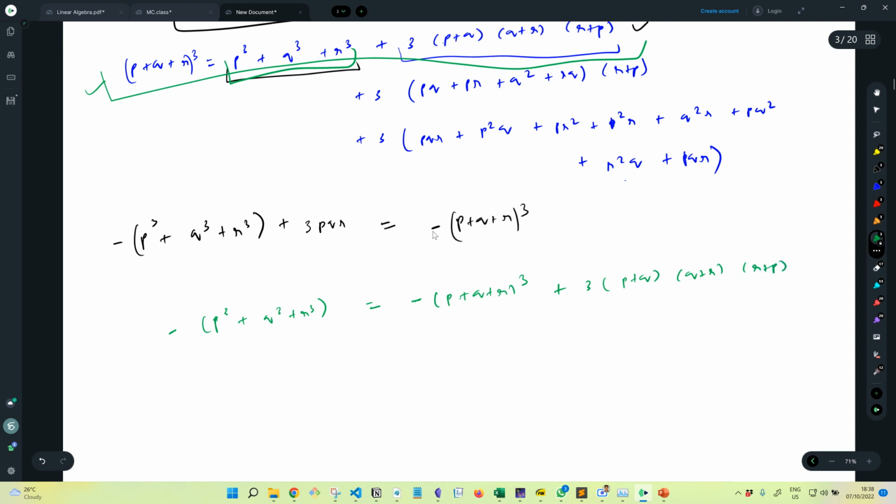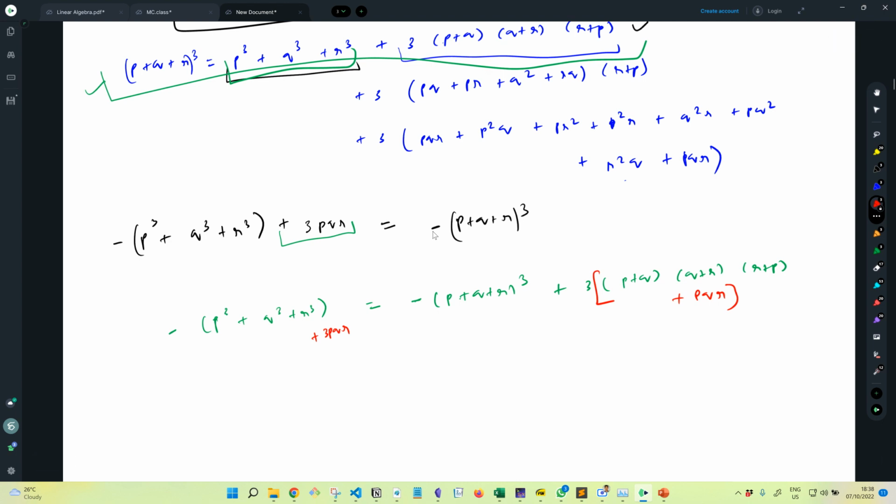Now to find the determinant, we need this plus 3pqr. So I'll add plus 3pqr on both LHS and RHS. Or rather I can take 3 common and write this as (p plus q) into (q plus r) into (r plus p) plus pqr.